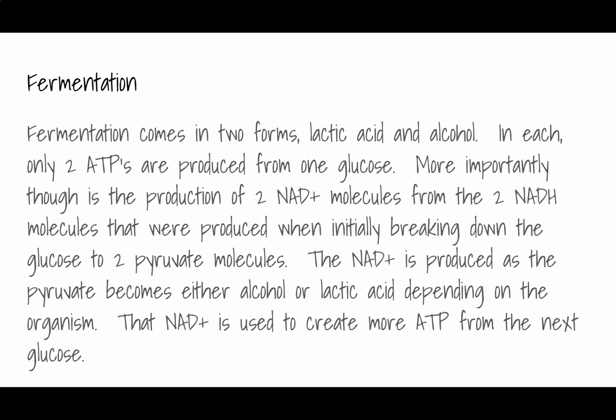So, fermentation. Let's start with that because that's basic. We have lactic acid fermentation, that's one choice, and alcohol fermentation, which is a second choice. In each, only 2 ATPs are produced from one glucose. So one glucose, which is C6H12O6, makes only 2 ATPs.